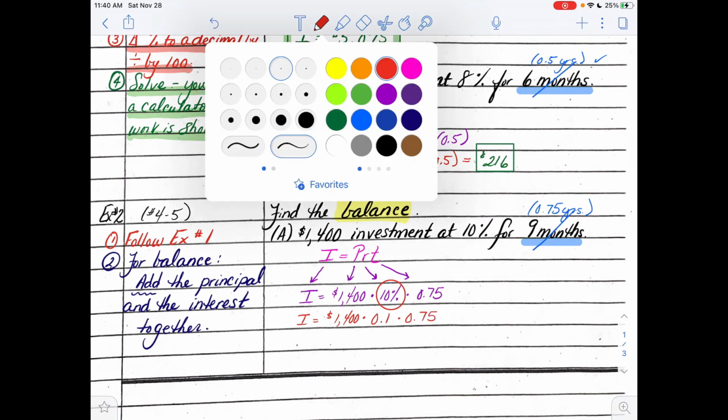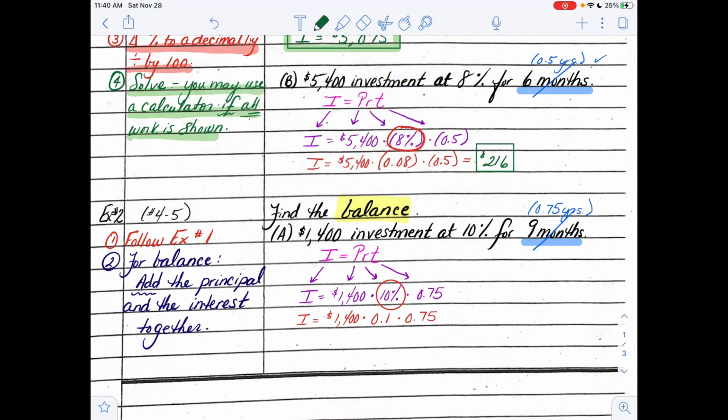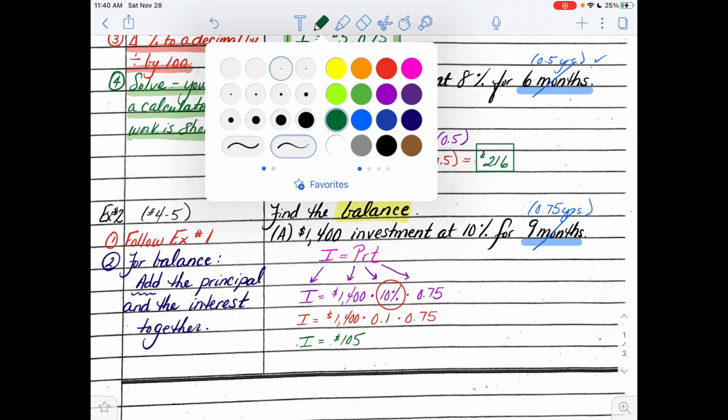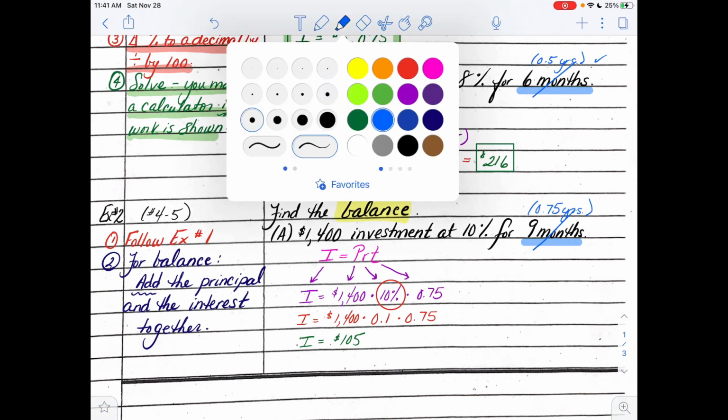I've showed all my work, so using my calculator, I should be able to find my interest for being able to use my money is $105. Now that is not my answer. It says the balance. Remember, interest is just the extra amount that they have to pay you for actually borrowing or using your money. So now we need to find the balance.